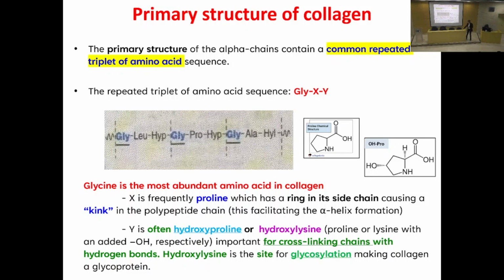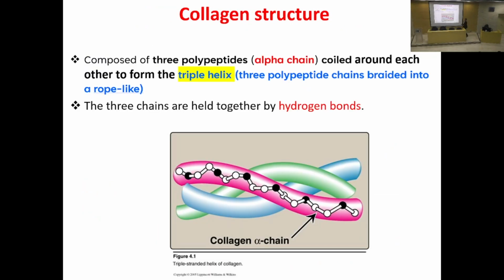So this is a protein. This is a polypeptide, a sequence of amino acids. This is another polypeptide, a sequence of amino acids. This is another polypeptide, a sequence. So all three polypeptides will form the collagen. Okay?